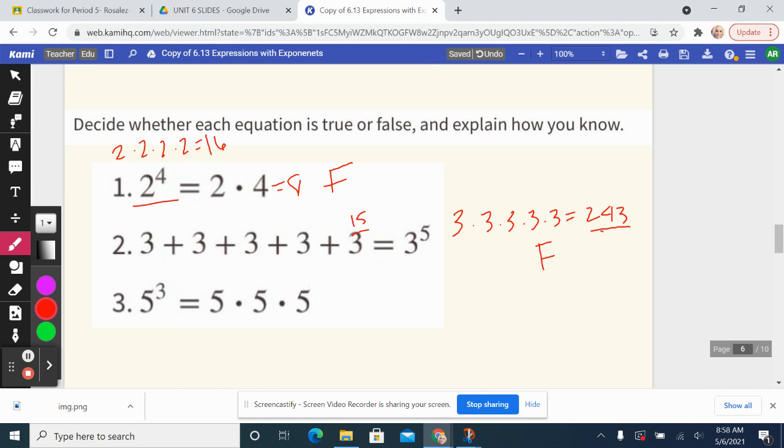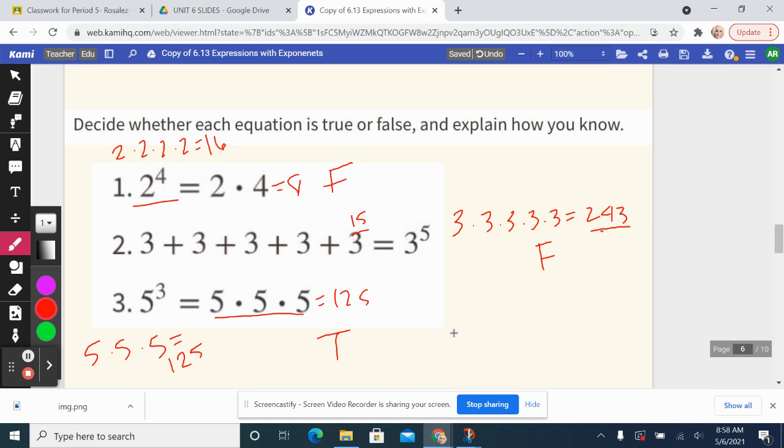All right, now we have your next one. 5 to the 3rd is the same as 5 times 5 times 5. And that would equal 125. Well, if you see on the right, that's the same problem, right? And that would equal 125. So number 3, that's true.